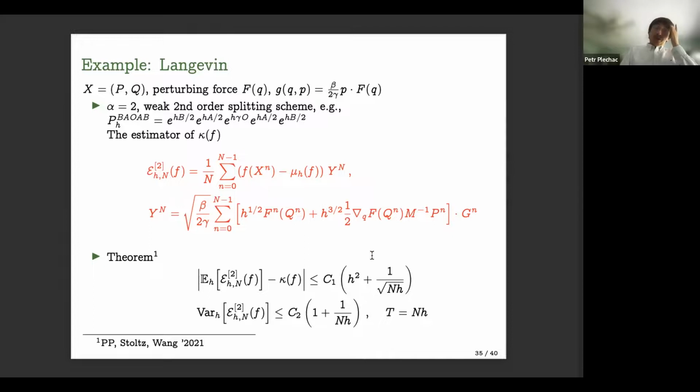And in this case, again, we obtain the consistent bias as second order in the discretization parameter h, and the variance stays constant in time. So again, that's an important property which makes this really of practical use.